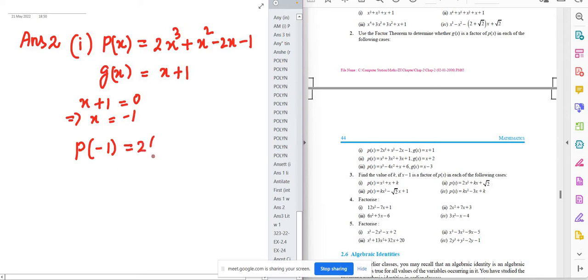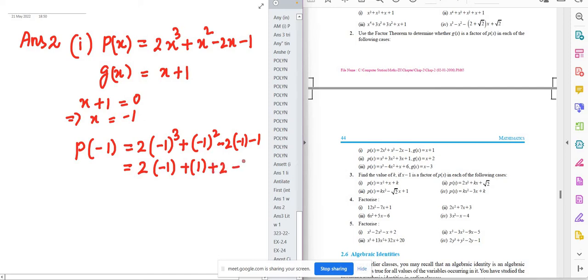So in place of x put minus 1: 2 into minus 1 cube plus minus 1 square minus 2 into minus 1 minus 1. So 2 into minus 1 cube is minus 1, minus 1 square is 1, here minus into minus plus 2.